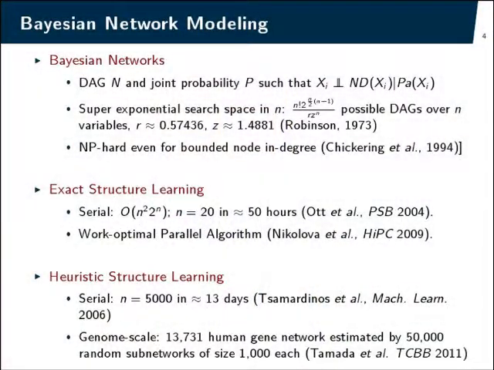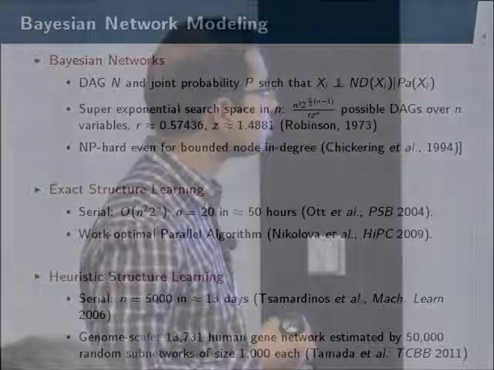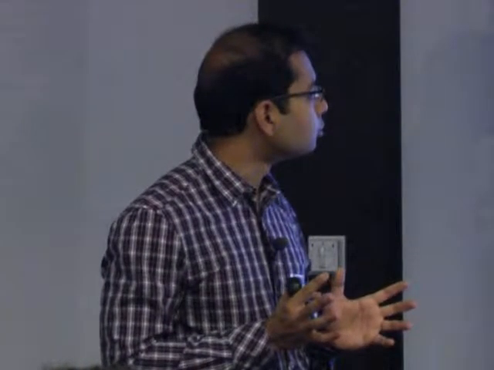Bayesian networks are among the most accurate models for this so far from what studies say, so we decided to use Bayesian networks. A Bayesian network is a directed acyclic graph, where based on a scoring function, you are trying to find the best DAG which maximizes that scoring function.